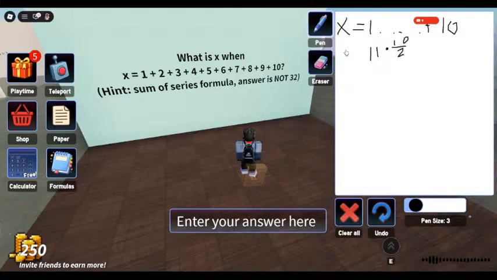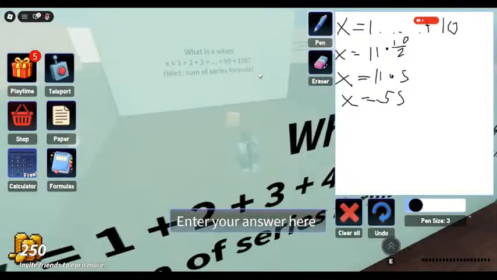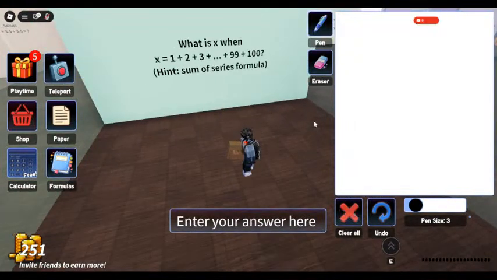So x is equal to 11 times 10 divided by 2. X equals 11 times 5. X is equal to 55. Yep, it's right.